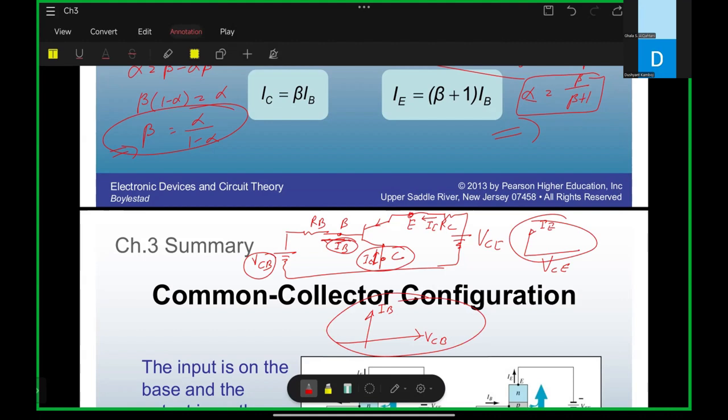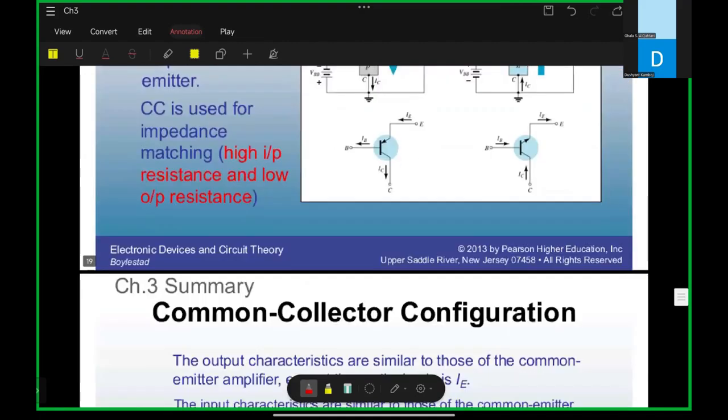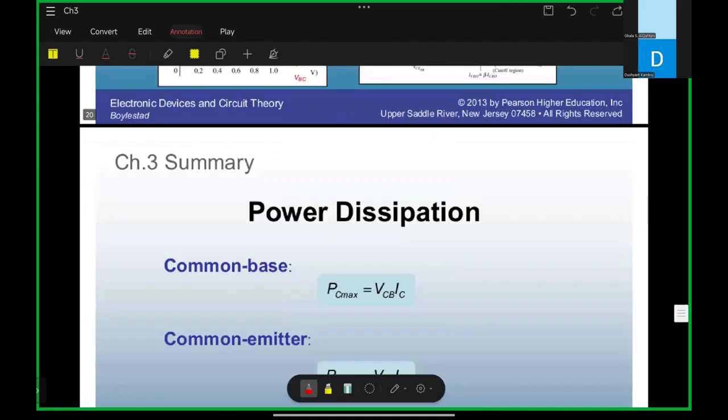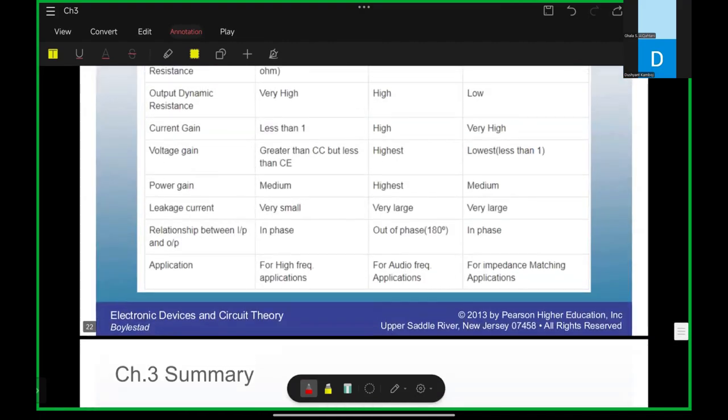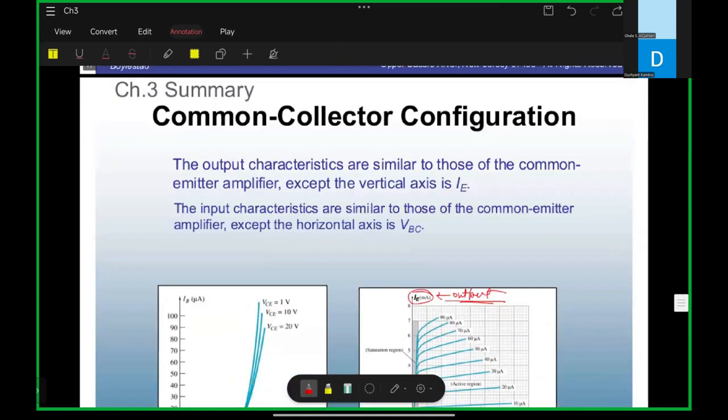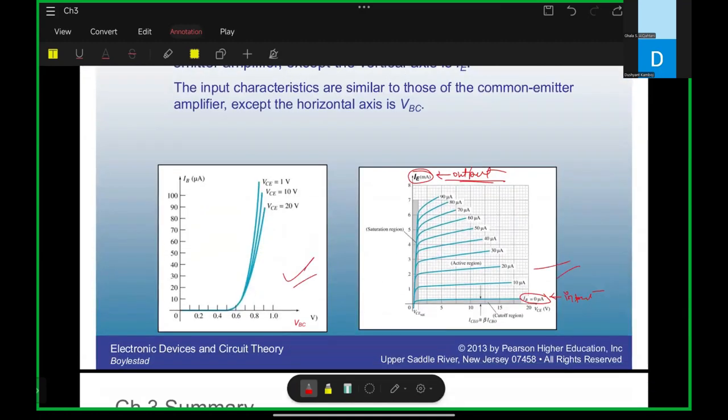The current gain of this configuration is how much? Output current is IE and input current is IB. So this is represented by gamma. I think it is not represented here. It is not defined in this case, right? Okay. These are the characteristics. Should I explain this or no need? This is the same.